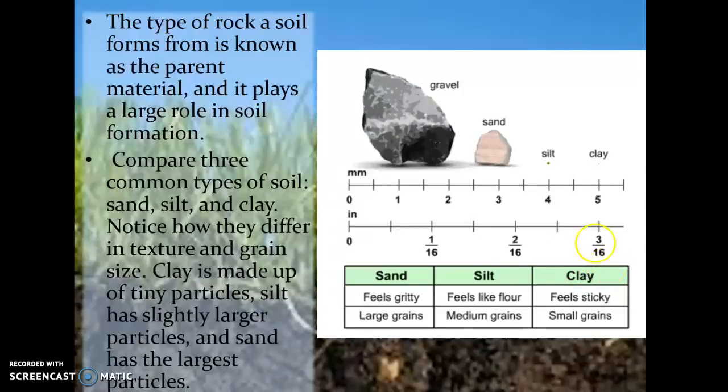For example, clay feels sticky and has small grains, whereas silt, you can see right here, has slightly larger particles and may feel more like flour. Sand is larger grains of rock particles, and as you may have experienced at the beach before, it feels gritty. So you can see the size, you can barely see the clay particle right there compared to silt, compared to sand.